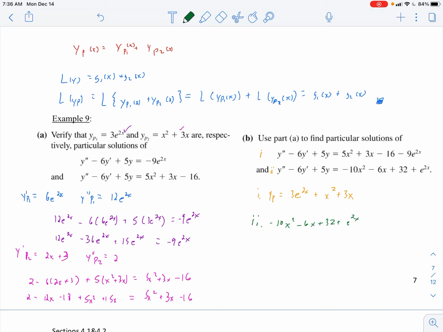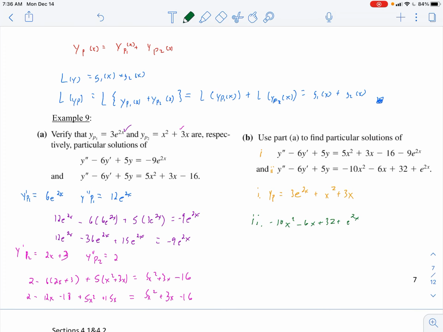Alright, so can we rewrite this? Yes, we can. Alright, so what we can do is pull out a negative 2. If we pull out a negative 2, we're going to get 5x squared plus 3x minus 16. So we have negative 2 times, and this is y sub p of 2.